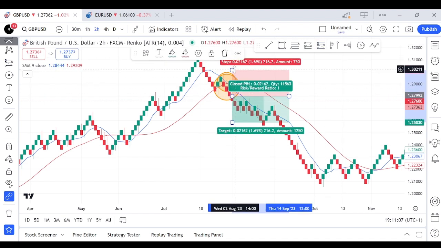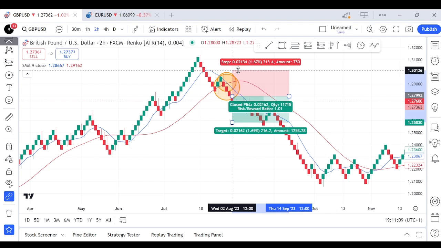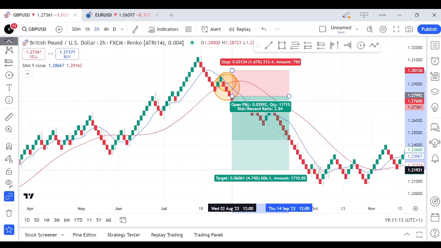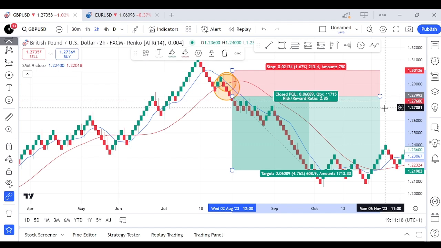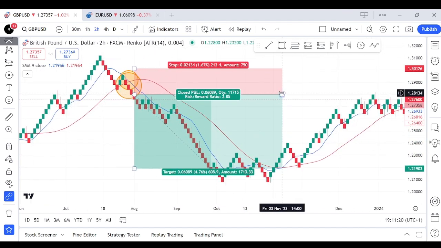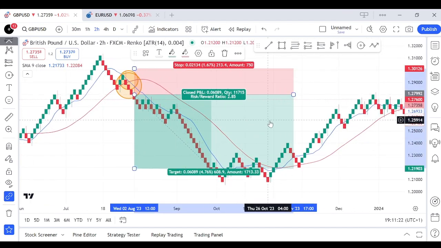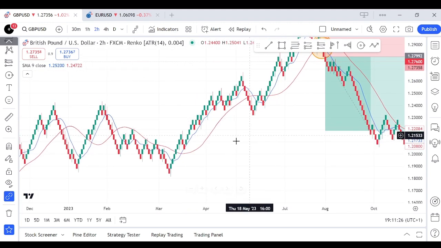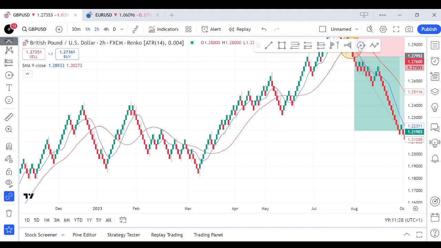And the entry could be here with your stop loss just above that swing high, and take profit could be when your moving average gives you another cross to the upside, signaling that we might be looking for a bullish trend. So that is how you can use the moving average crossover system with the Renko charts.